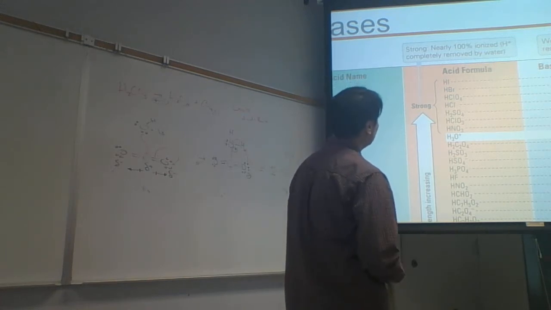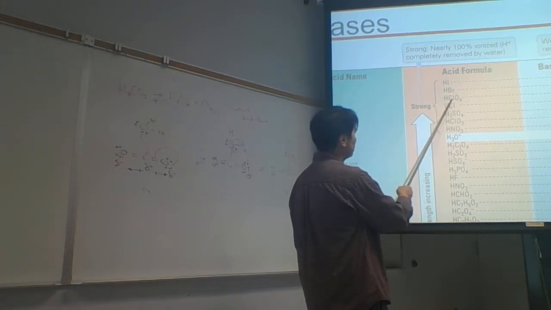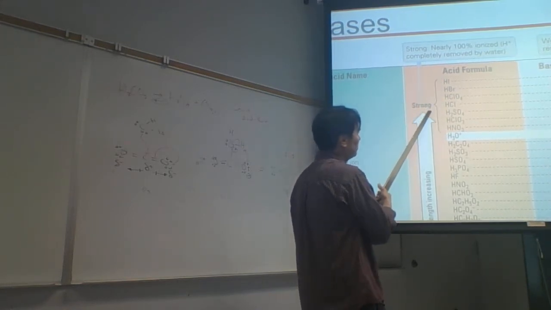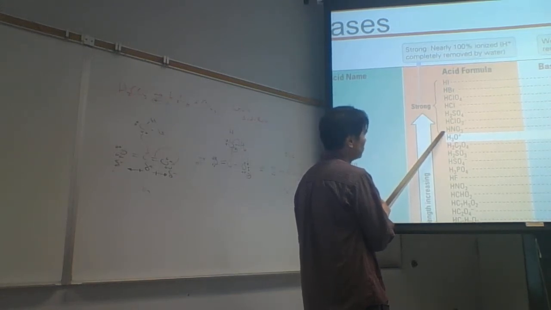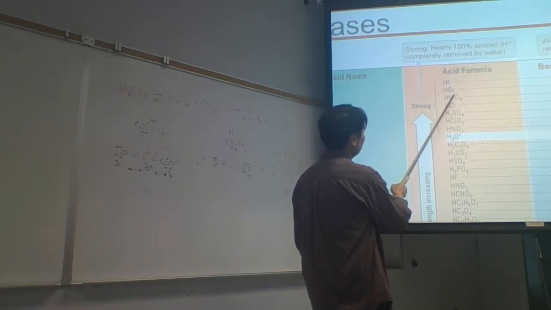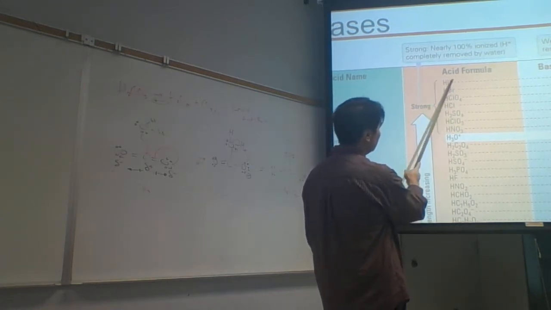HClO4. So our chart and their chart don't exactly agree, because HClO4 is number 3 here. But it's a very small difference, perhaps. It depends on who measured it and what time it was measured. But anyway, we have the 7 common strong acids here. 1, 2, 3, 4, 5, 6, 7. These are 7 common strong acids people memorize.